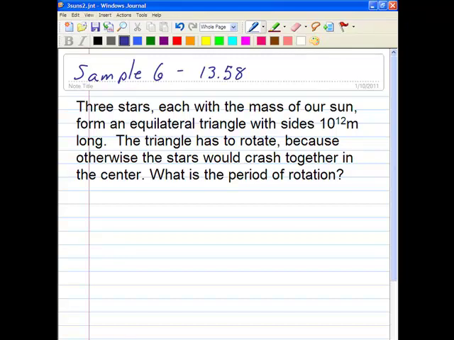Remember, just like the planets in the solar system orbit the center of mass of our solar system, as opposed to the sun, these 3 suns are each going to orbit around their center of mass. So, as in all physics problems, the first thing we do when we're trying to solve this is draw a picture.